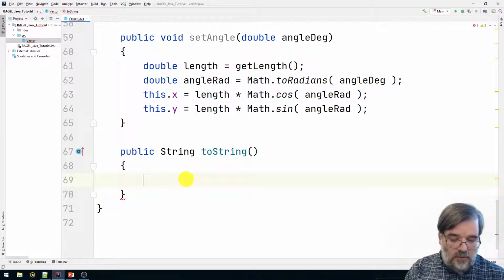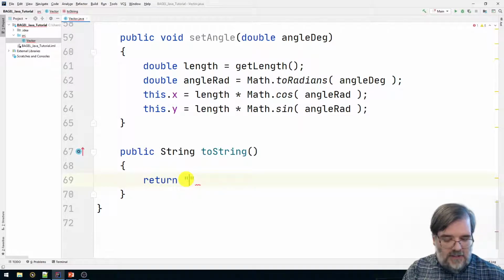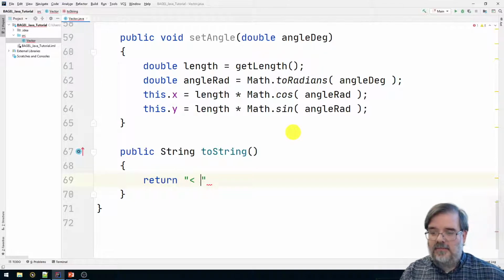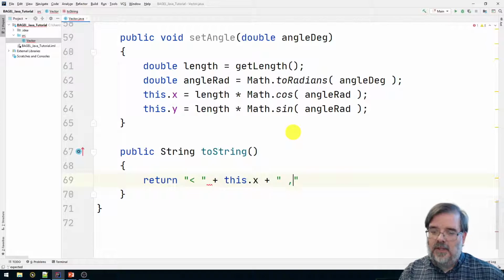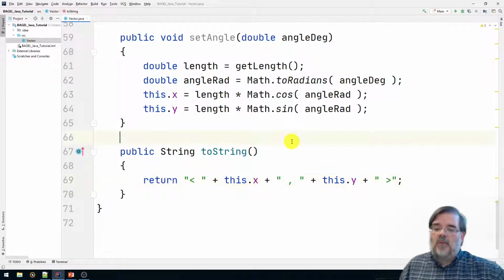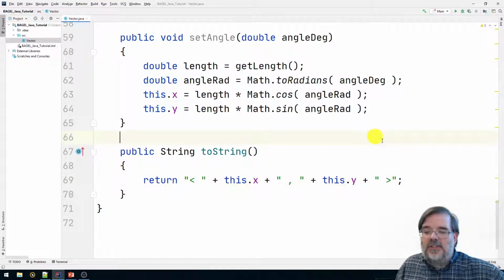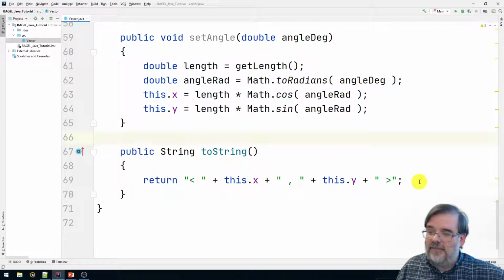So what I'm going to do is return, let's make this say, use angle brackets, plus this.x, plus a comma, plus this.y, plus another angle bracket. And this will allow us to visually inspect the contents of the vector. We'll be able to print these with a System.out.print.